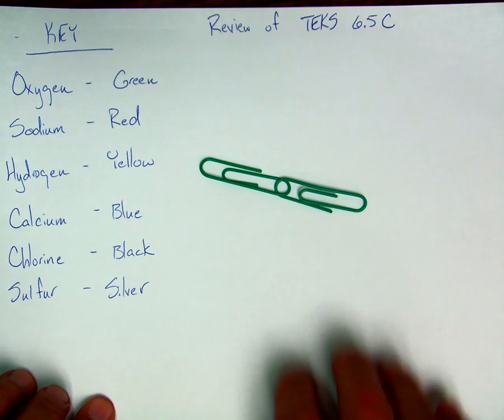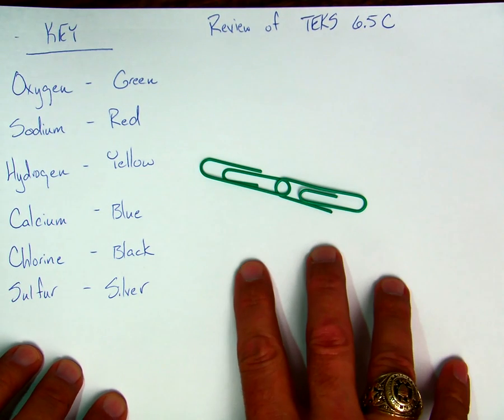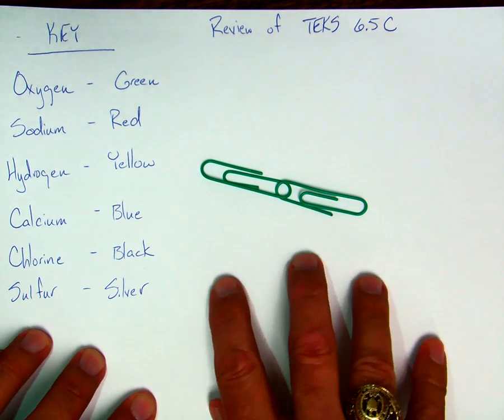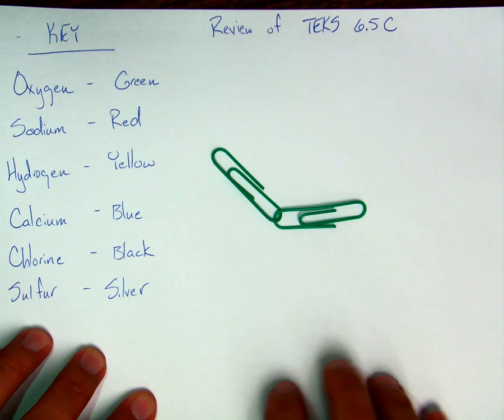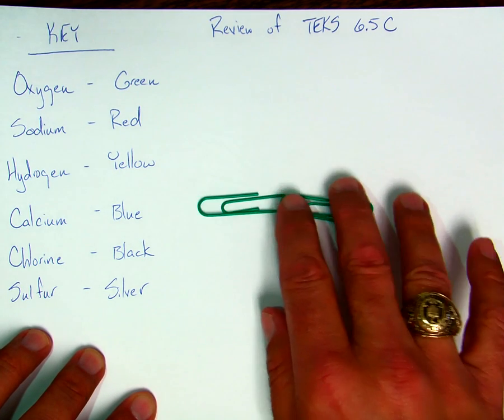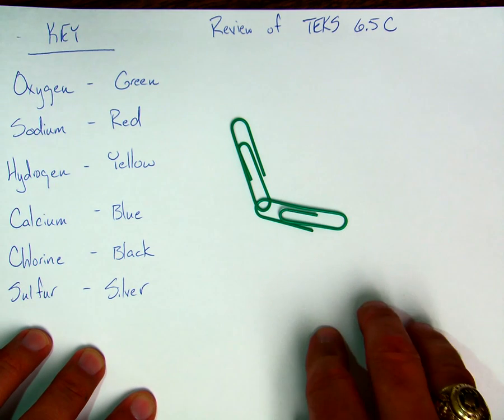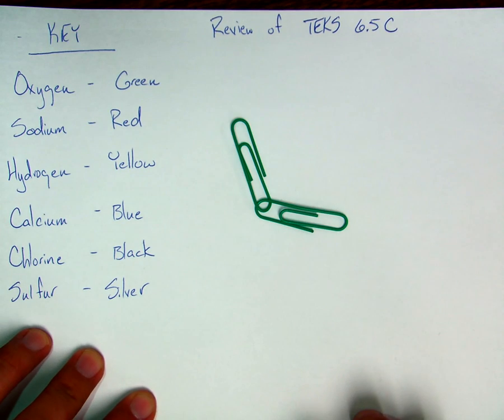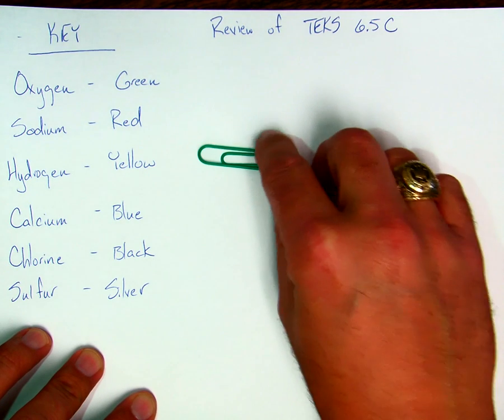Now what we have is two atoms of the same element. So it's not a compound because we just have two atoms of oxygen. It is, however, a molecule. A molecule, by definition, is more than one atom that's bonded to another atom. Now, you can bond the same ones like we did in this particular representation.